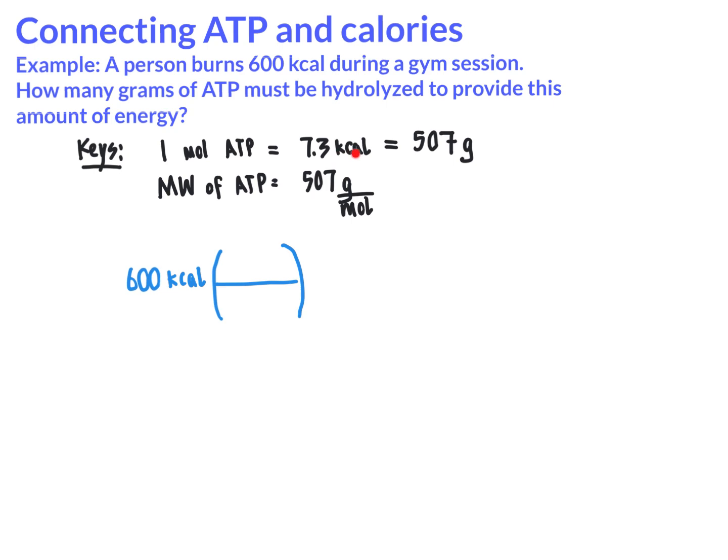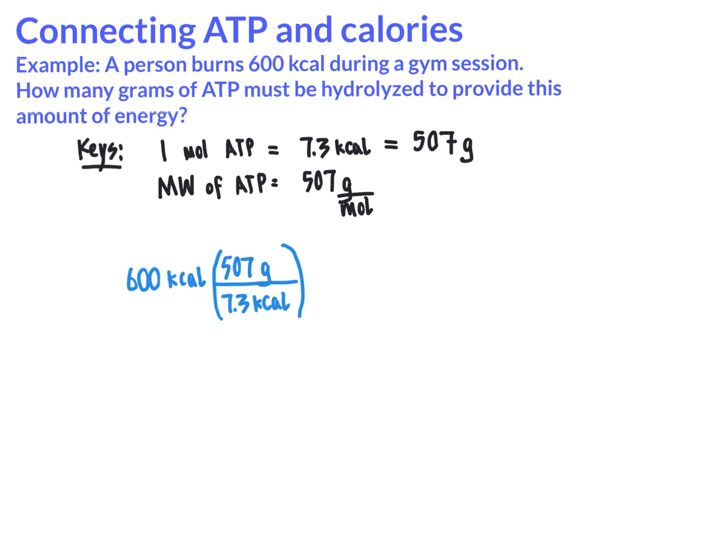Well, looking up here at our relationships, we saw 7.3 kilocalories, so I will plug in 7.3 kilocalories in the denominator so that it cancels out with kilocalories in the numerator. And then 7.3 kilocalories is the same as saying 507 grams.